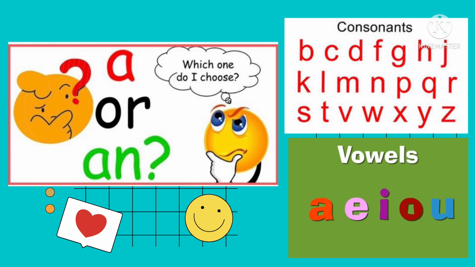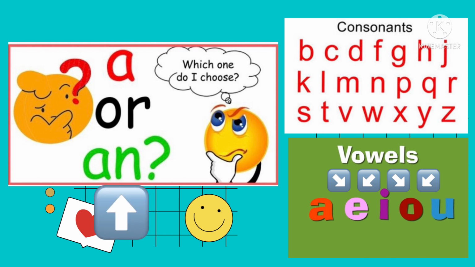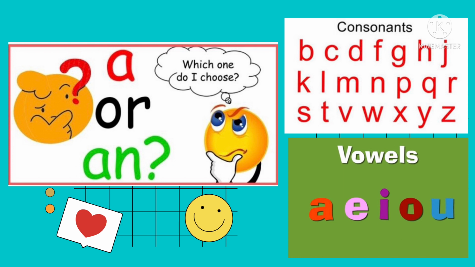Selain daripada 5 letters of vowels, yang lain tu semua guna a. Kalau bermula dengan A, E, I, O, U, awak mesti guna an. Selain daripada A, E, I, O, U, kena guna a.